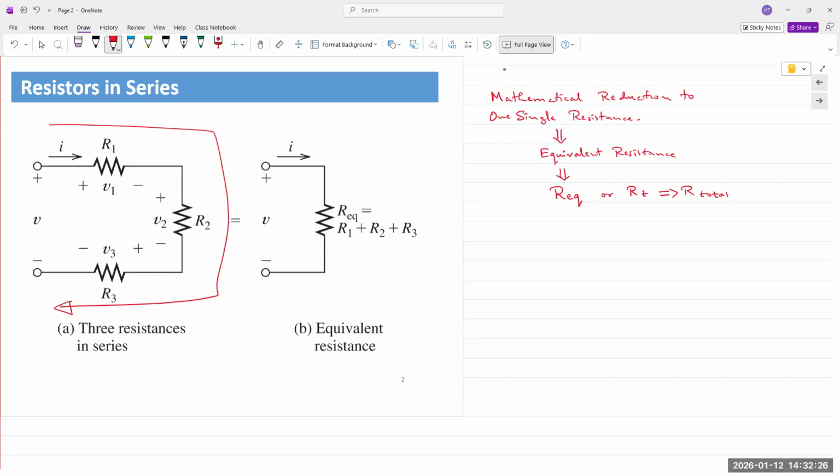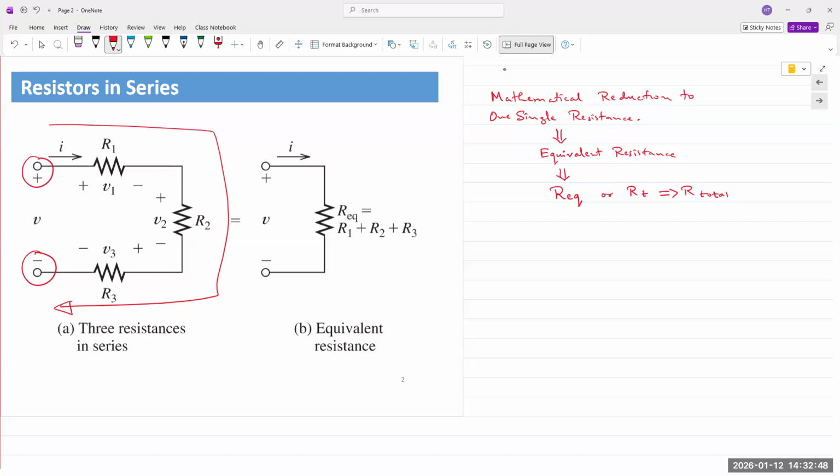If we wish to find REQ for the circuit, we are looking at it from the perspective of the source. Then we remove the source from our analysis, which leaves behind open terminals, and these open terminals are where we measure the total equivalent resistance, REQ.